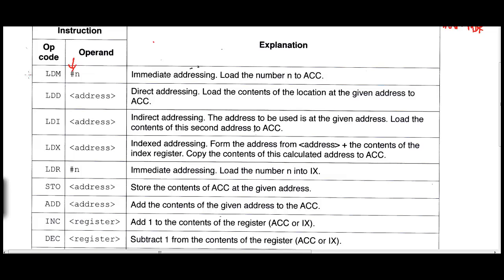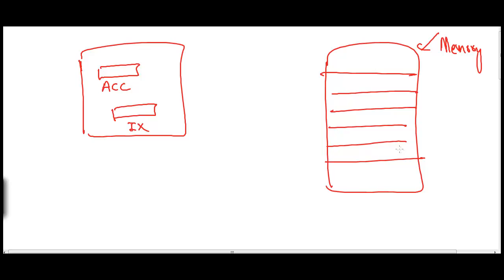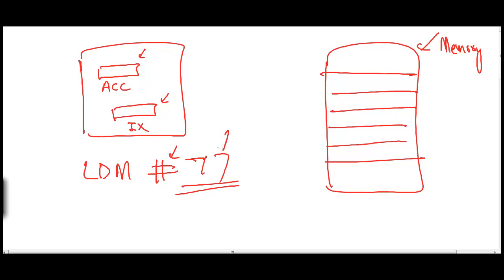Which means, if this is our memory, and this is the accumulator, and this is our index register, if we do something like this, LDM #77, this hash sign means this is immediate addressing, and in immediate addressing, this value 77 is going to be directly loaded into the accumulator. So that's what LDM is used for, using this value and directly loading it into the accumulator.